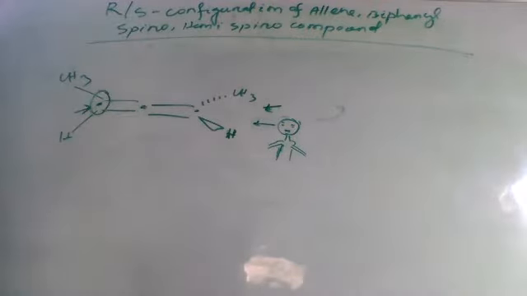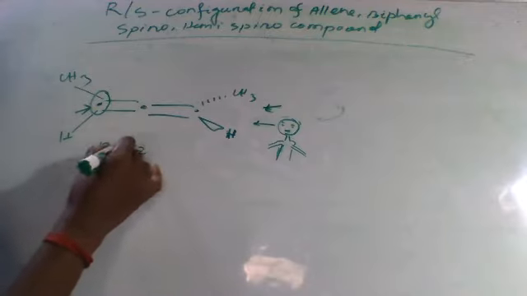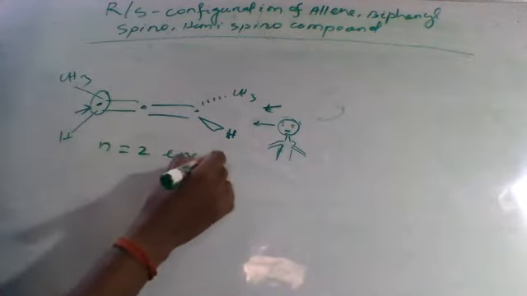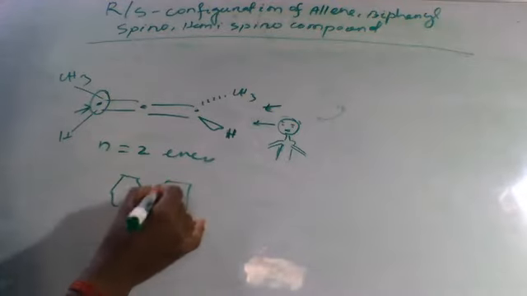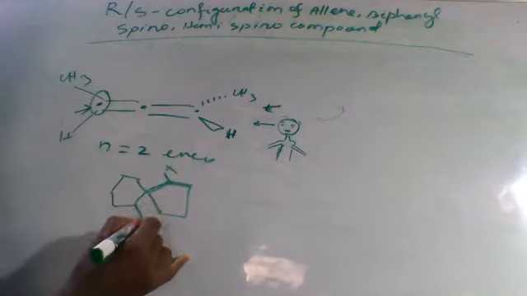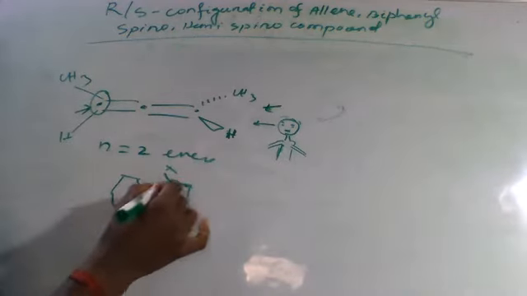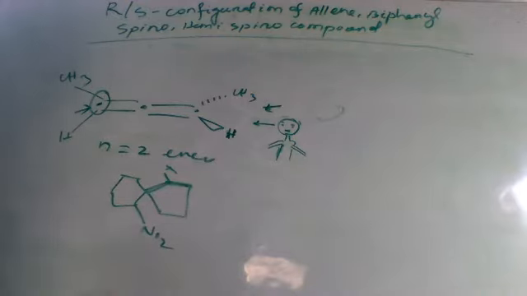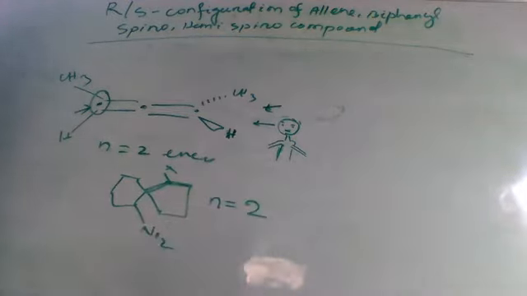In such types of molecules, like allene, biphenyl, spiro and hemispiro compounds, n should be even, where n is the number of double bonds. In the spiro case, this is the spiro atom, and this is NO2. This ring also acts as a double bond. Here these two rings act as two double bonds, and n is equal to 2.